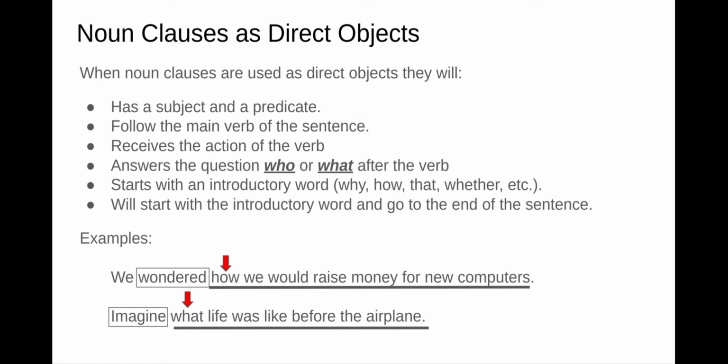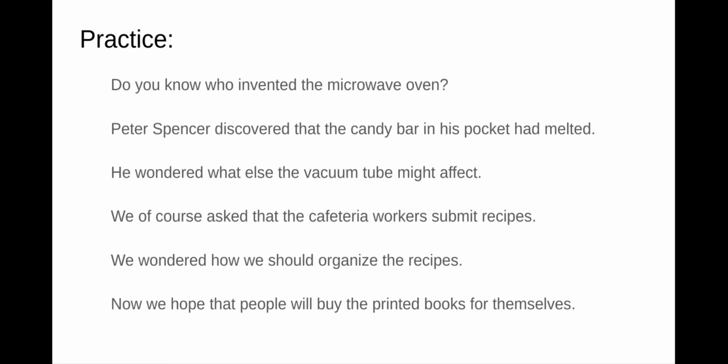All right, let's do some more practice, and you'll see how fairly simple these are to find. All right, first sentence. I've specifically done a question here because questions seem to be confusing sometimes, because there's a little bit of confusion as to where the main verb is. So the first one, do you know who invented the microwave oven? Remember, when I have a question, I like to switch it into a statement instead, and I say, you do know.